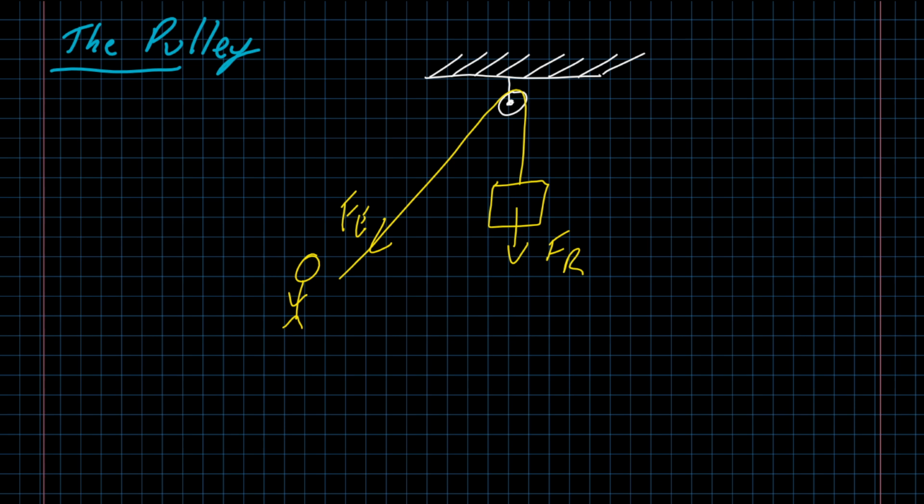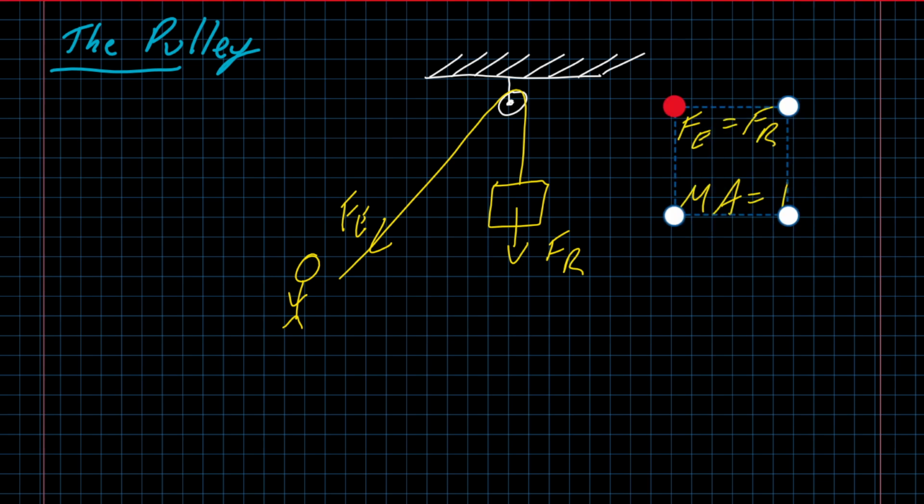When you have a system with a single pulley like this, the pulley just acts to redirect the force. There is no mechanical advantage in this setup. In order to get a mechanical advantage, we need to adjust the setup a little bit.